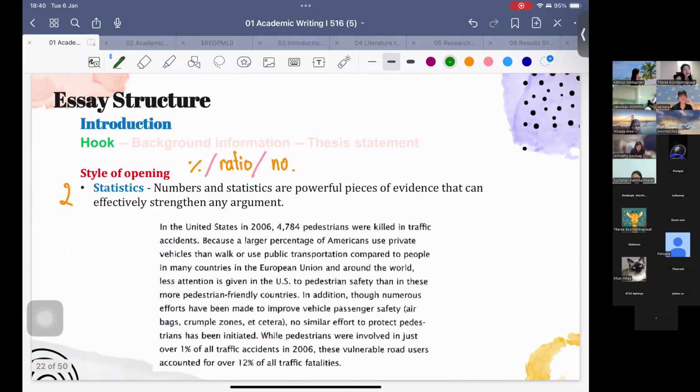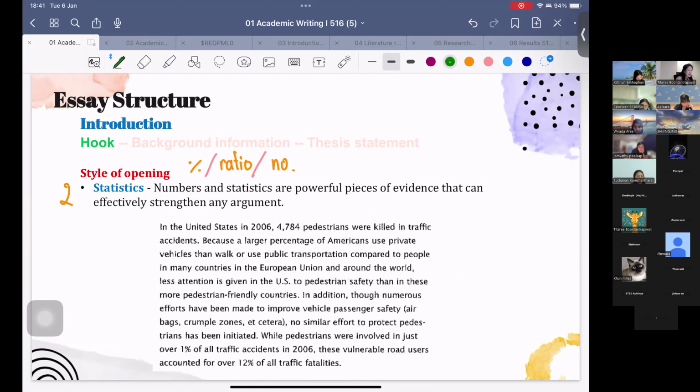The second way is often used in research writing because it comes with concrete evidence, which is to start your intro with statistics: numbers, percentages, some kind of ratios, strong hard evidence.